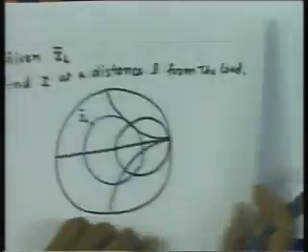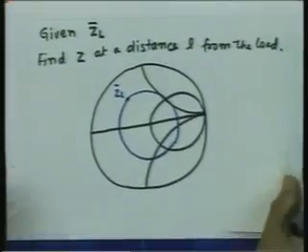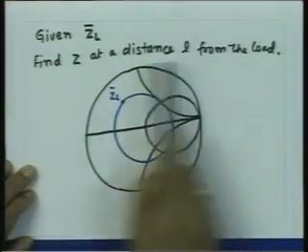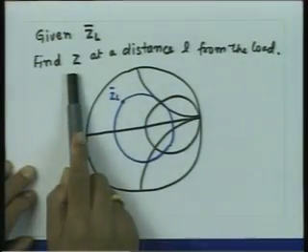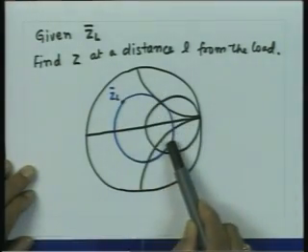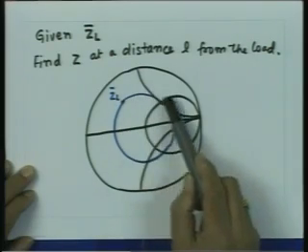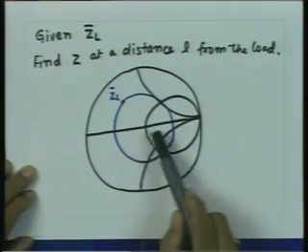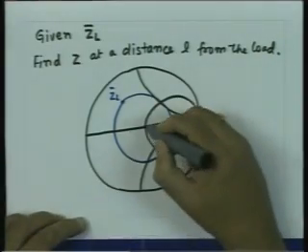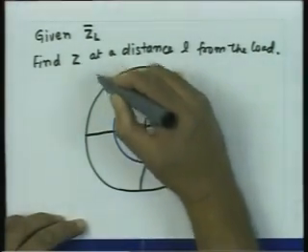Once we get that, now I want to find the impedance at a distance L. So, you move from the load impedance by a distance L, or rotate this point in the clockwise direction by an angle which is equal to 2 beta L. Let us say this was the initial angle.